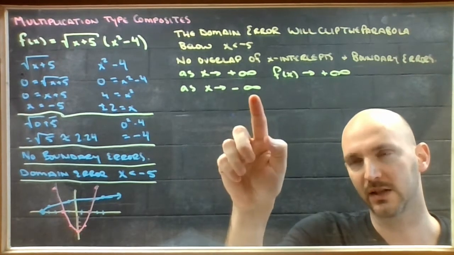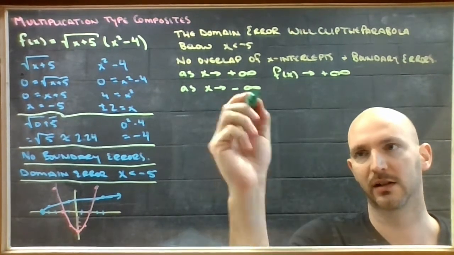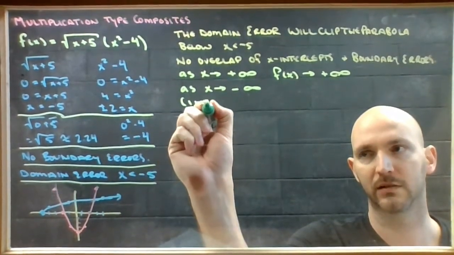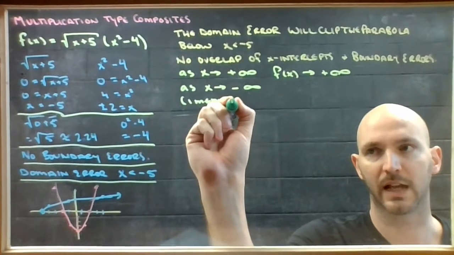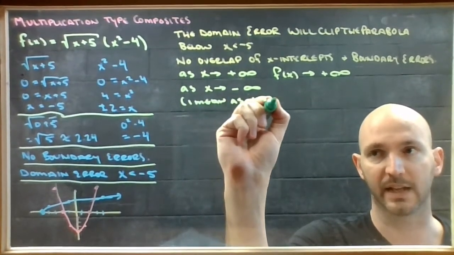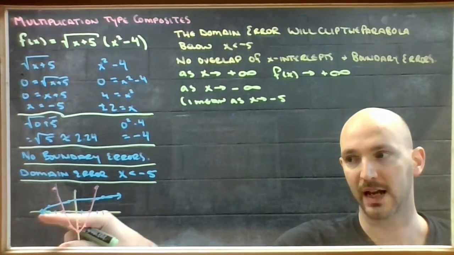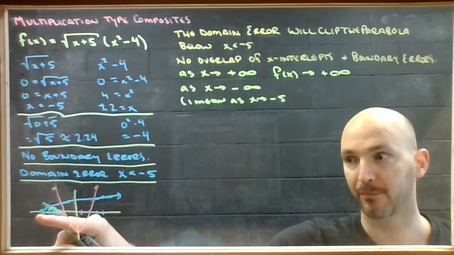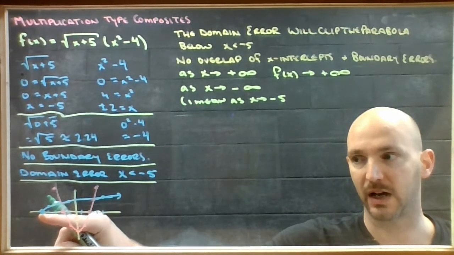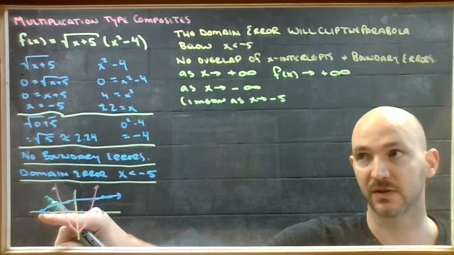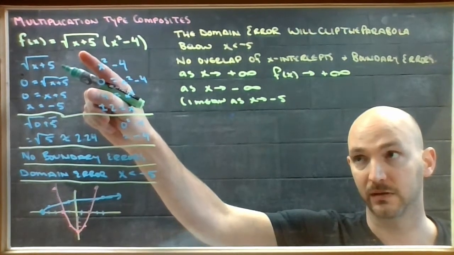So as x goes to -5, because that's really the end, well, what's happening in this place? At this particular spot, I have an x-intercept, so this is worth nothing.